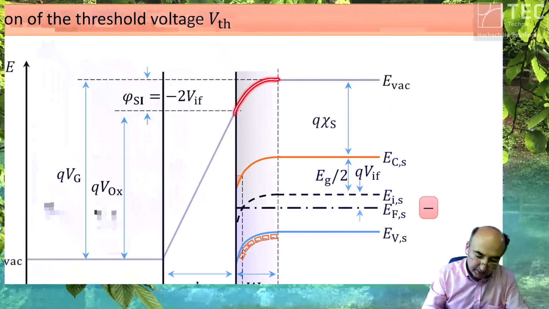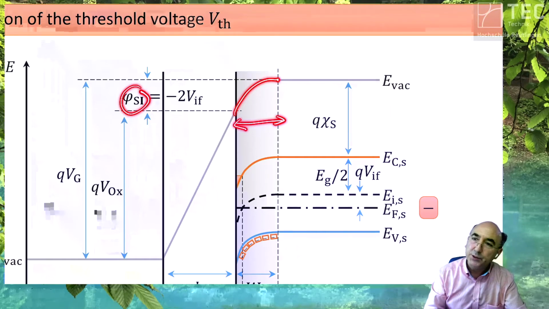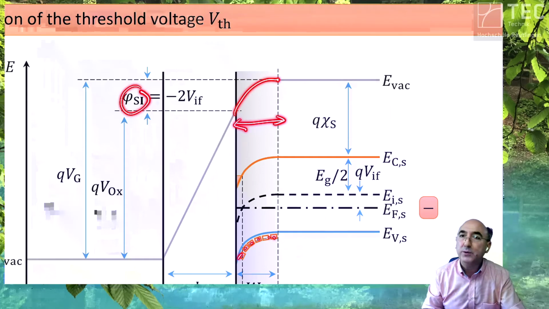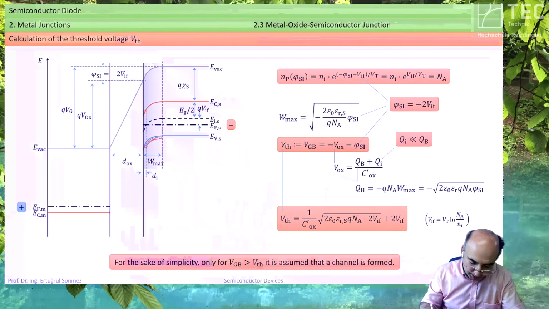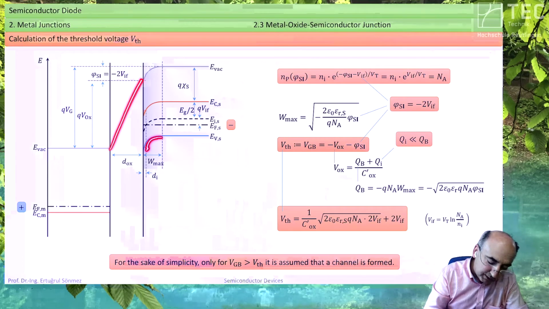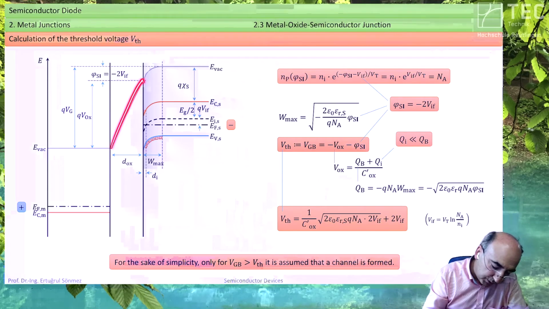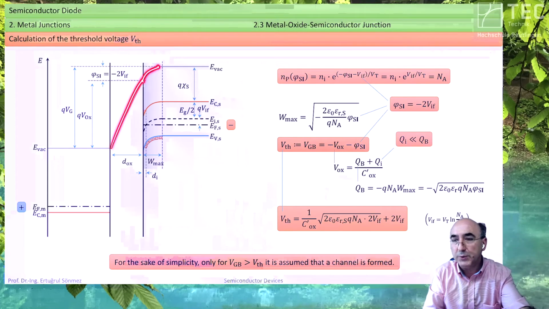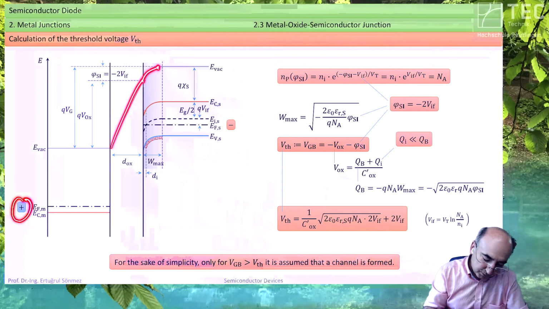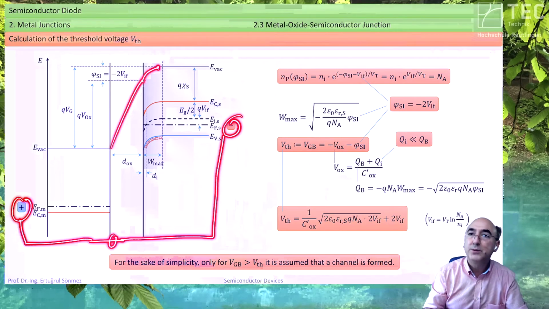We define this as strong inversion. By this definition, we know this extension of the space charge. With this extension, we know the amount of charge. If we know the amount of charge, we know to which voltage this capacitor is charged. So we know this voltage because the second one we defined. Therefore, we know the overall voltage.